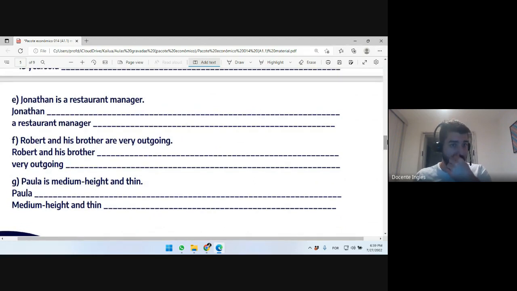In letter E, we have Jonathan is a restaurant manager. Jonathan, a person who is a restaurant manager. The second answer we want is a restaurant manager. Restaurant manager is a person.